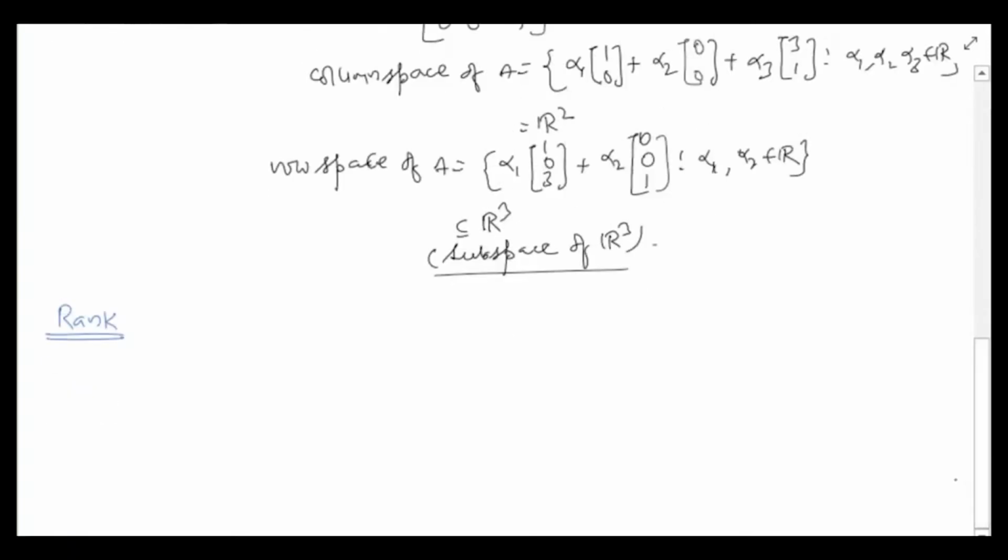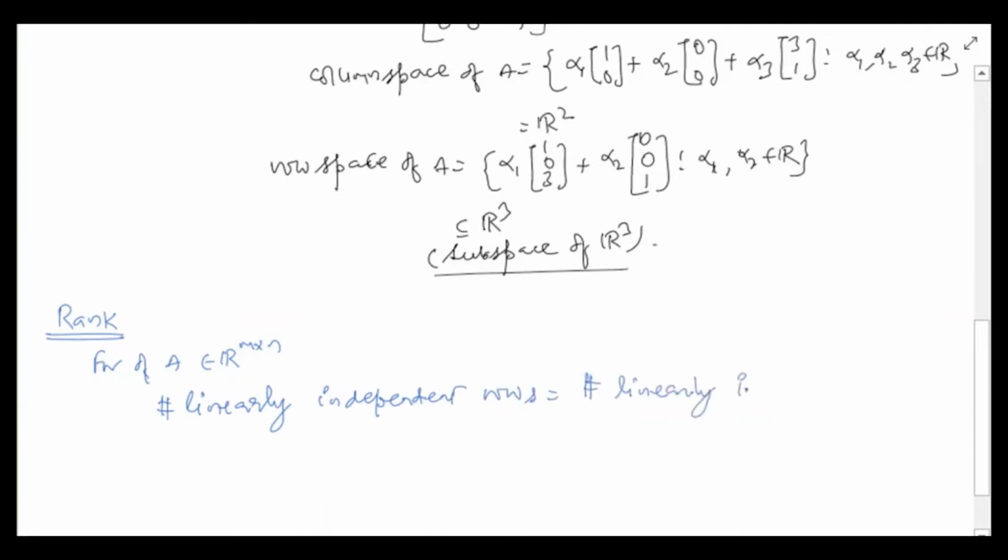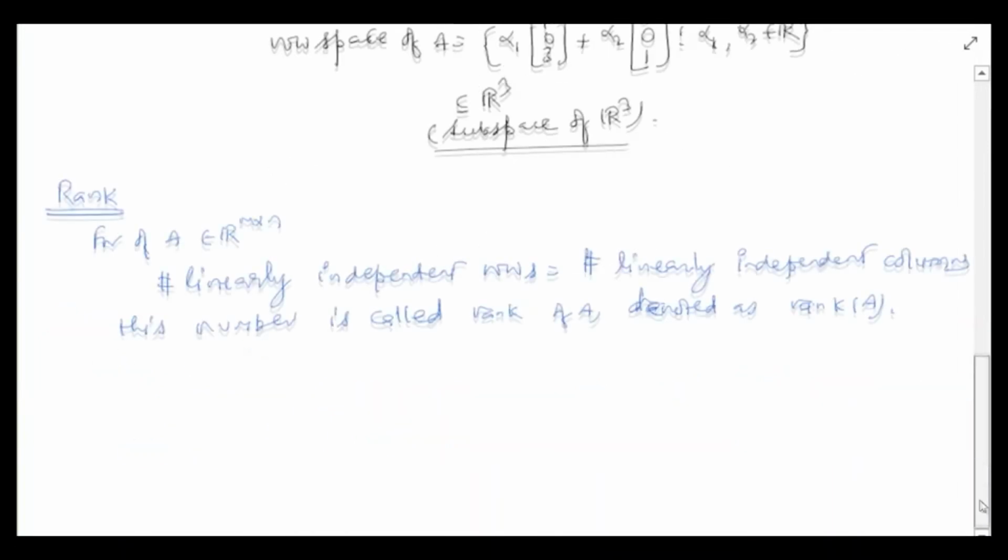For a matrix A, say an M cross N matrix, it's a fact that its number of linearly independent rows is equal to the number of linearly independent columns, and this number is called rank of A. It's often denoted as rank in bracket A.